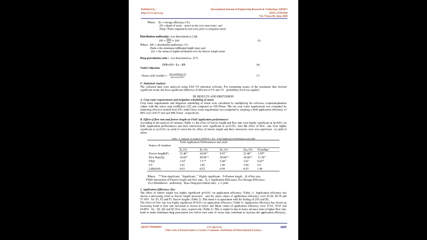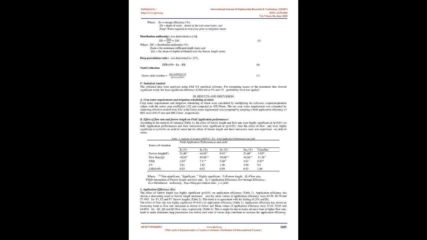B. Effect of flow rate and furrow length on field application performances. According to the analysis of variance, Table 1, the effects of furrow length and flow rate were highly significant at p<0.01 on field application performances, and their interaction was significant at p<0.05.